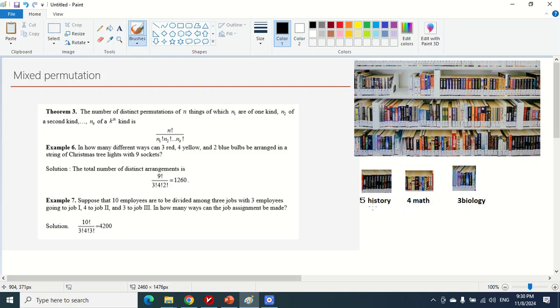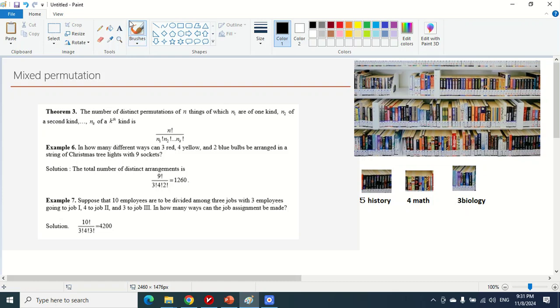If the books were distinguishable, and it was not important for us what type of history book is at the beginning or second, and we could distinguish between the books of history and the books of mathematics or biology separately, then it was a permutation of these objects, and simply we could answer this question: we have 5, 4, and 3 together, it becomes 12, and we have 12 factorial.